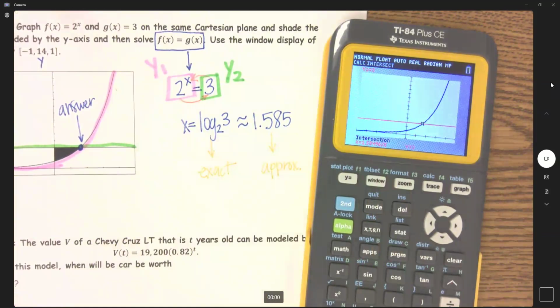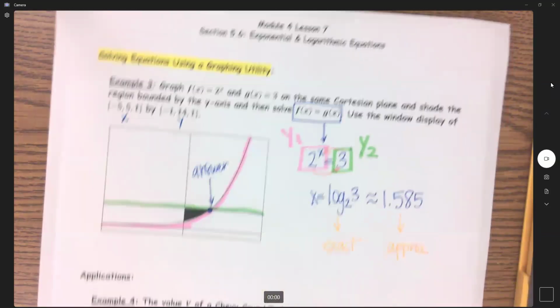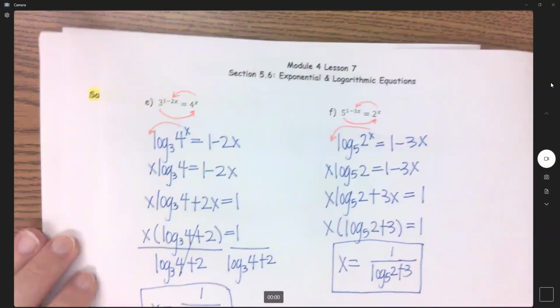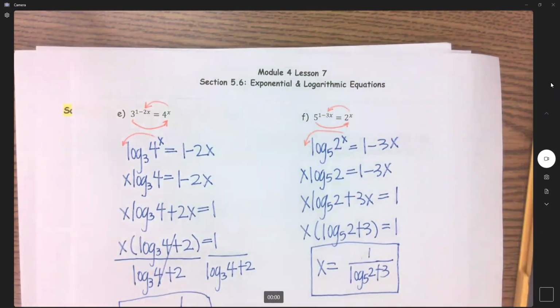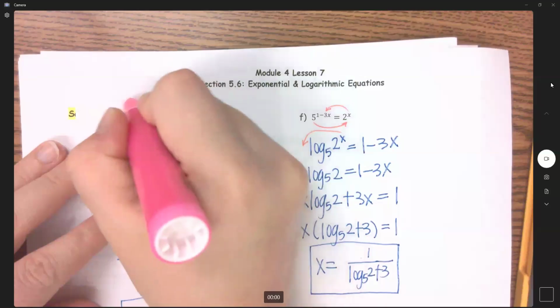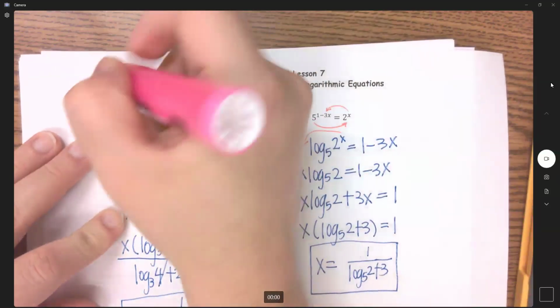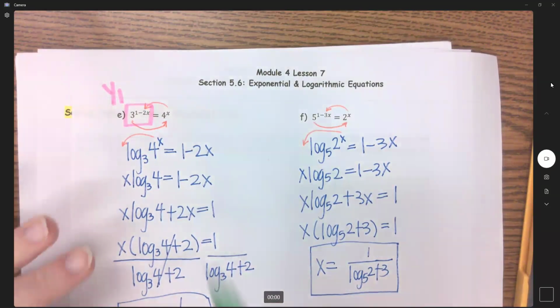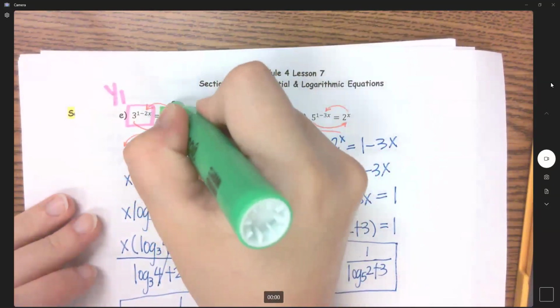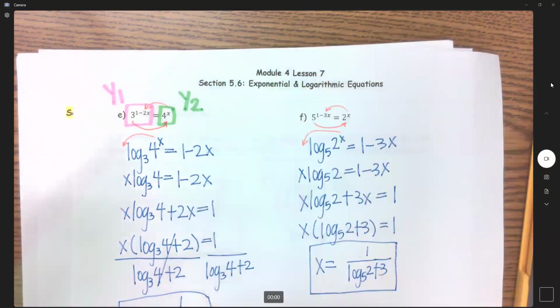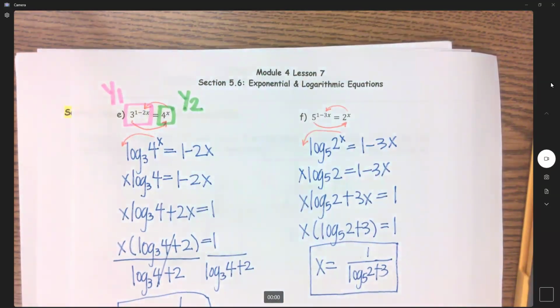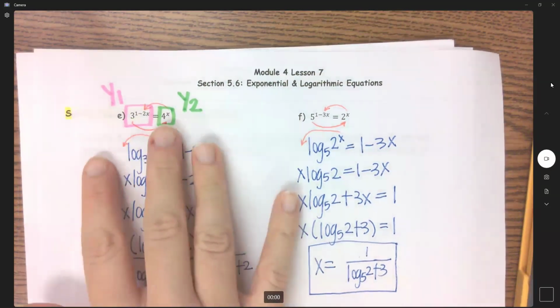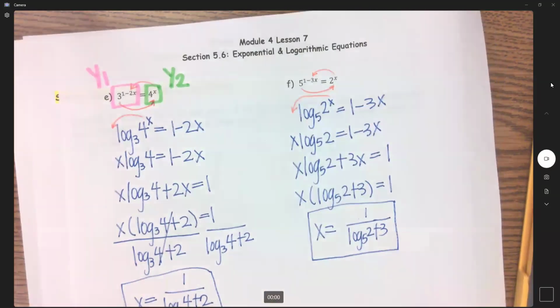You can solve any equation doing this. So even these equations we did on the previous page right here, you can do that way. If you set the left side as your Y1, and then set the right side as your Y2, graph them, and find the intersection, you can do this more to check your answers.